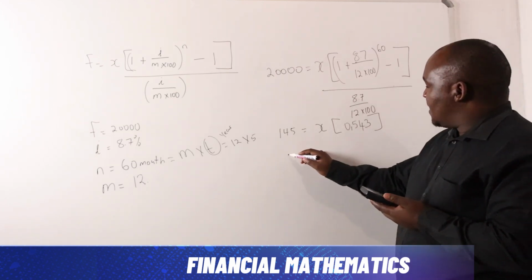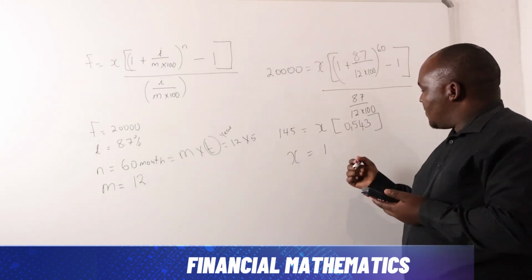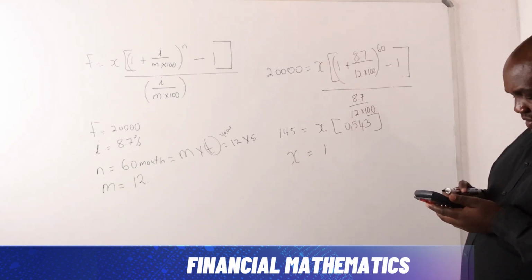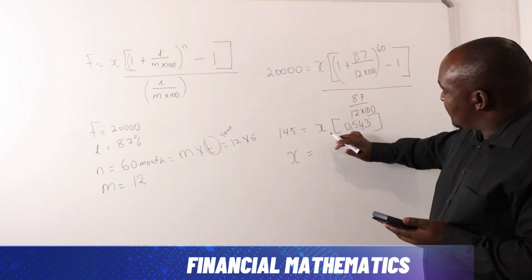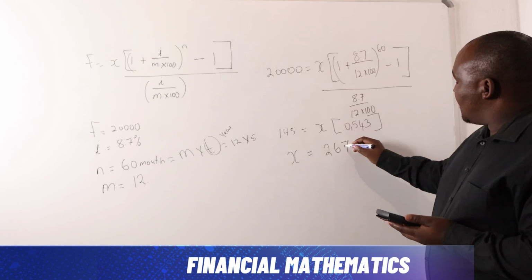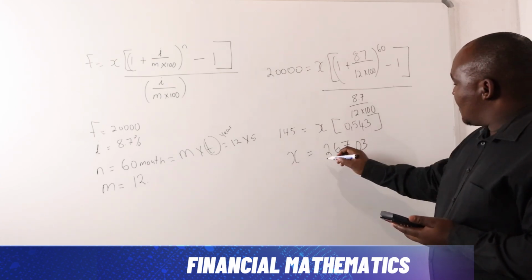Then for me to get X, I have to say X is equal to 145 divided by 0.543. This is 267.03.